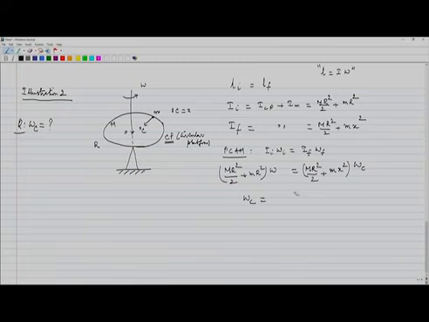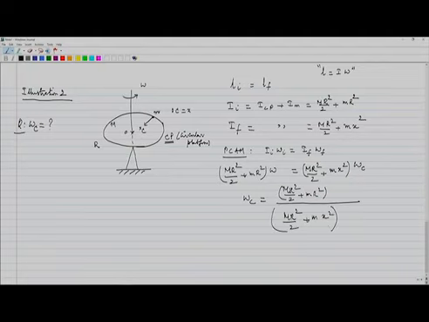Let me write this in a little neater way. Omega c is equal to M r squared by 2 plus little m r squared, divided by M r squared by 2 plus little m x squared, times omega.